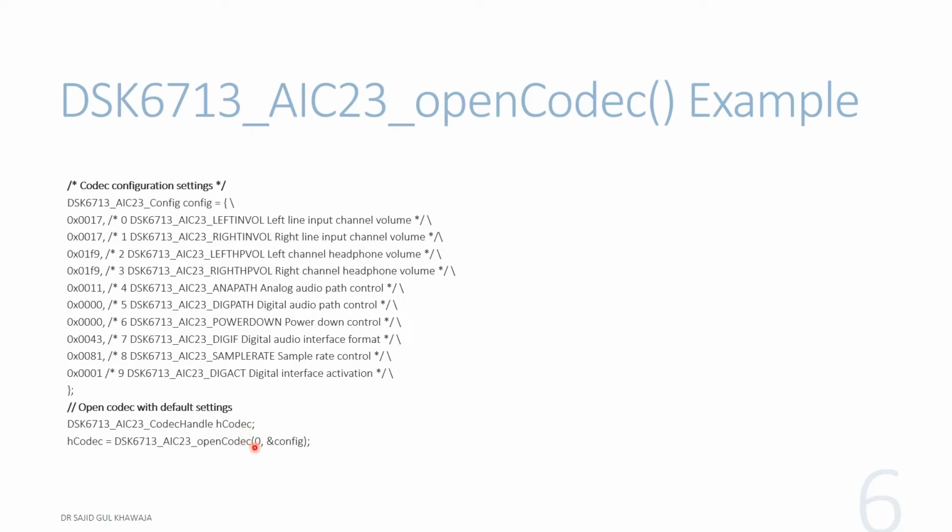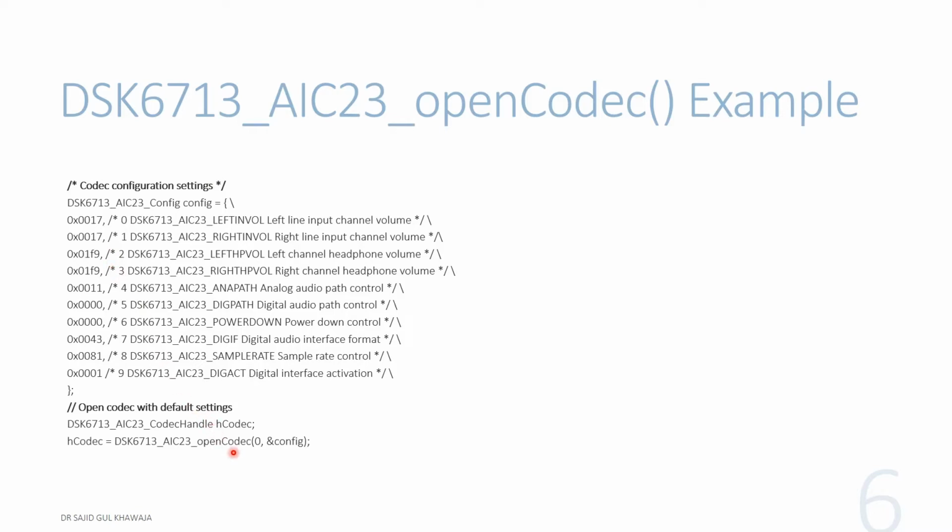First, we need to give in the ID, which defines the type of codec we are using. In our case, this will be set to 0. The second was the address of config. We have passed it through as &config. The returning value from this command is actually the codec handler. This codec handler now will open the codec with regard to the configuration mentioned in config.